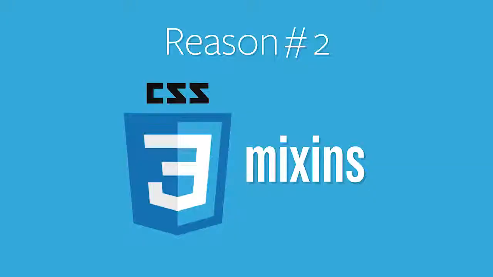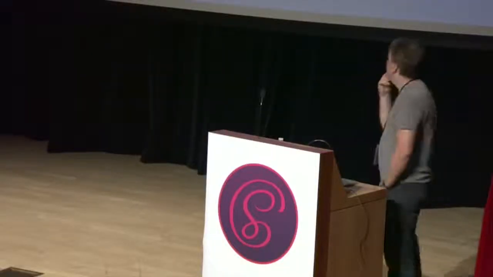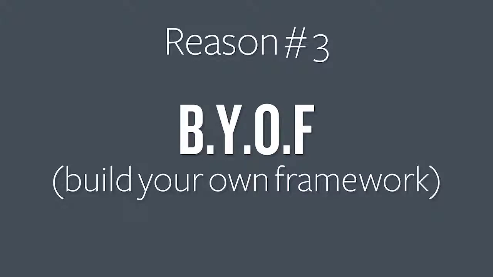Probably my second favorite thing is all these awesome CSS3 mixins, which we aren't going to need in the future, but they're still pretty handy while CSS3 is young. So that's number two. Third reason, BYOF. You can build your own framework.